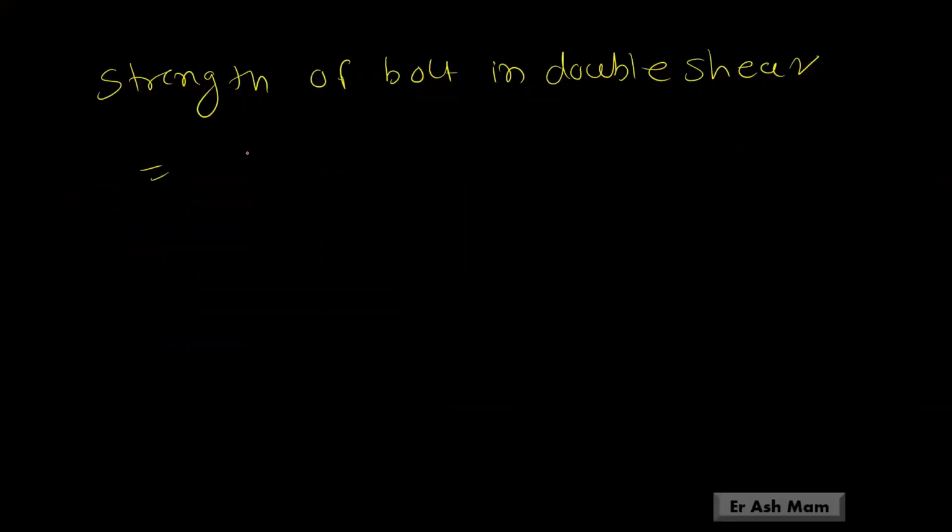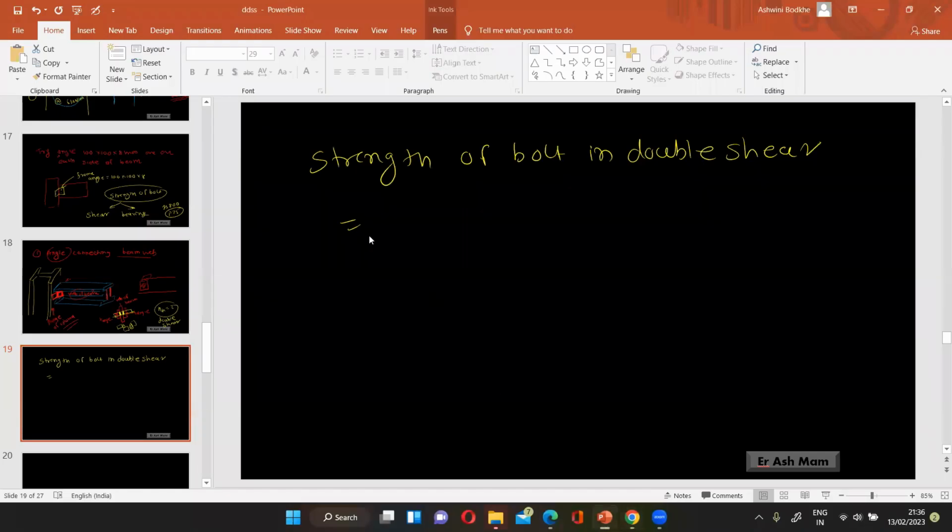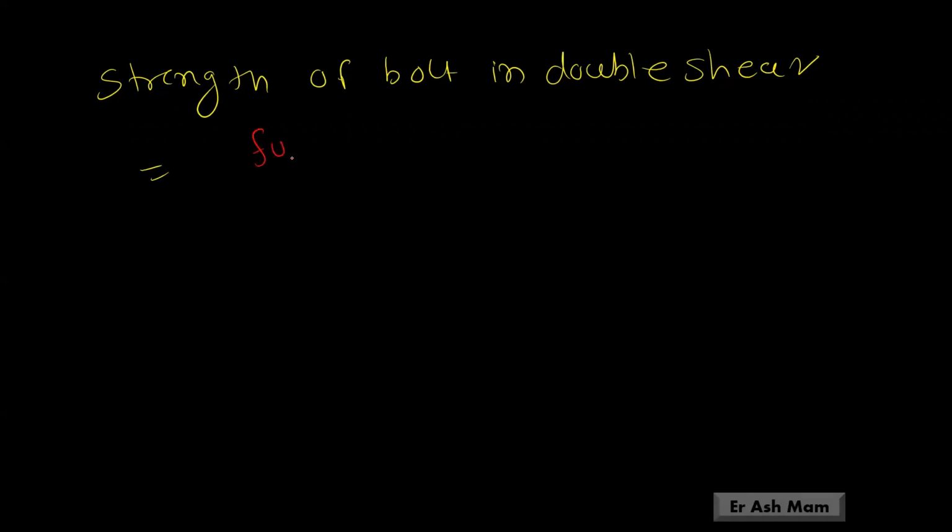Strength of bolt in double shear. Formula is Fu upon root 3 times (Nn Anb plus Ns Asb), where Asb is area of shank and Anb is net area of bolt.